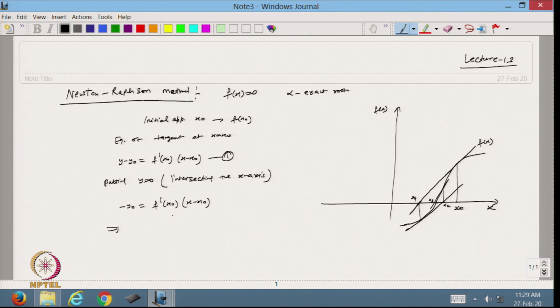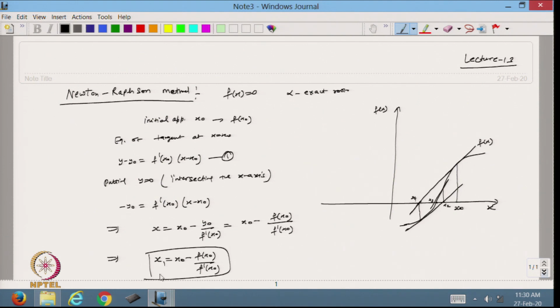From this, x is equal to x naught minus y naught over f dash x naught, where y naught is f at x naught. So x is equal to x naught minus f of x naught by f dash x naught, and I call it x1.